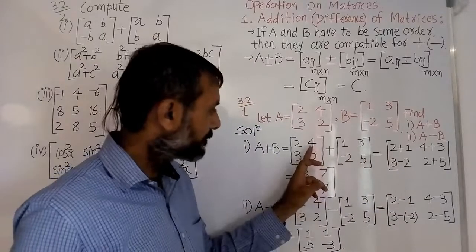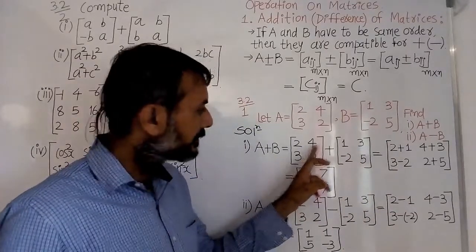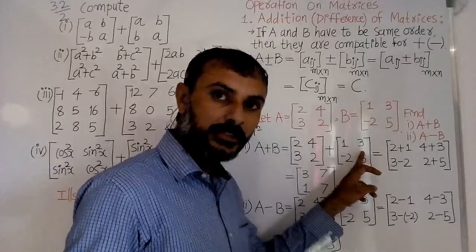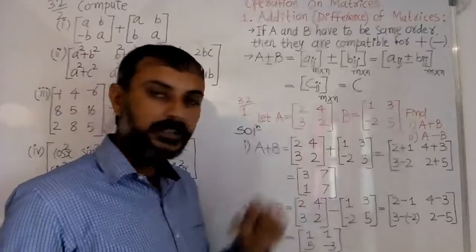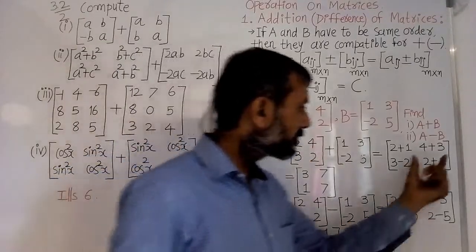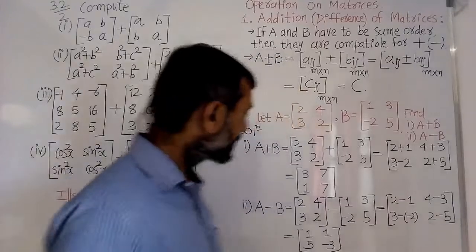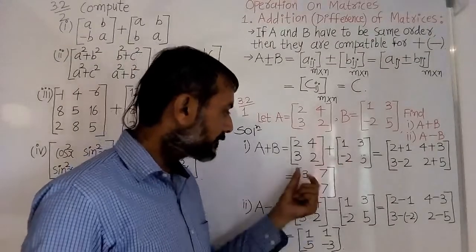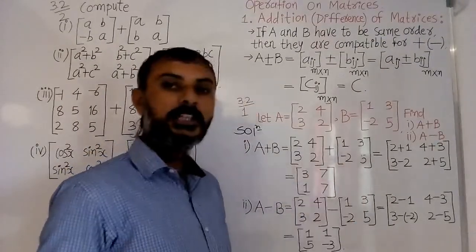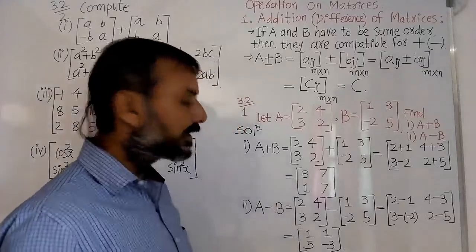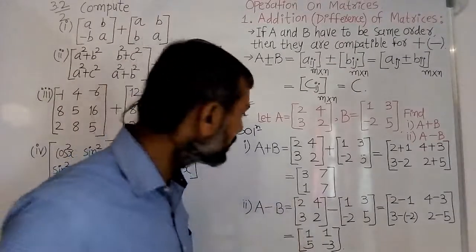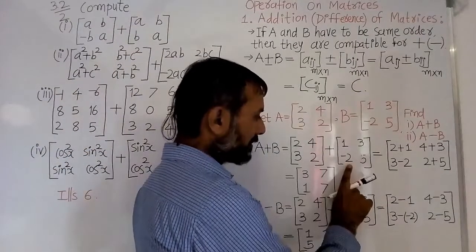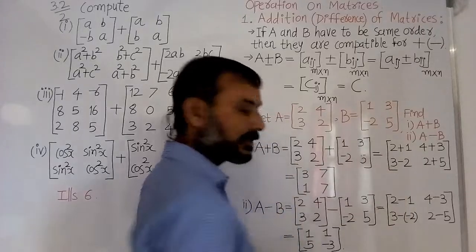Next, this is the 1 2 element. This is also the 1 2 element in this matrix. So they are corresponding, we add them, 4 plus 3. 3 minus 2: this is the 2 1 element, this is the 2 1 element, they are also corresponding because both have the same position. So we add them, but this is minus, so we write here 3 minus 2.